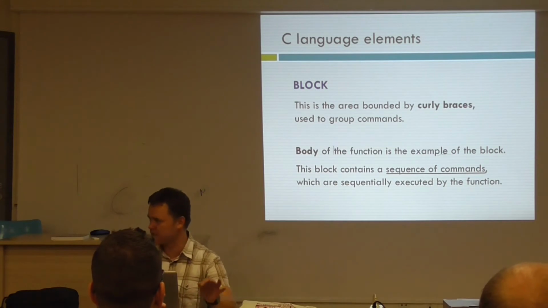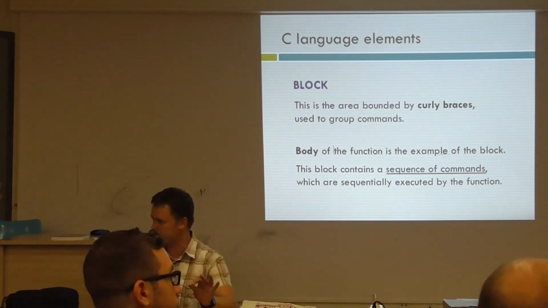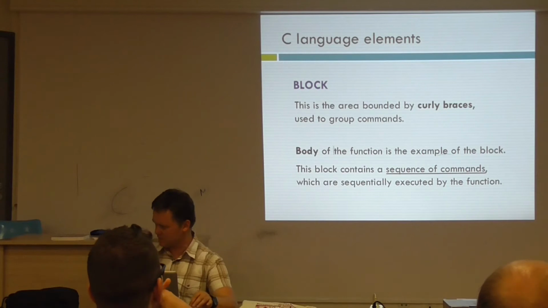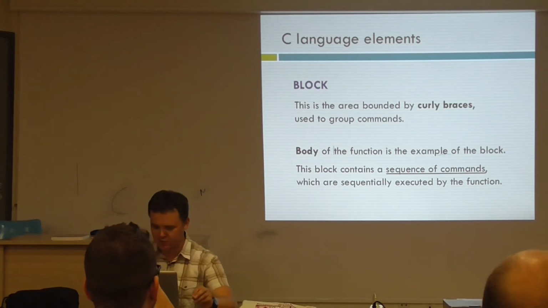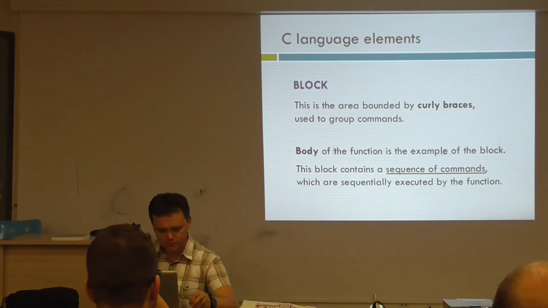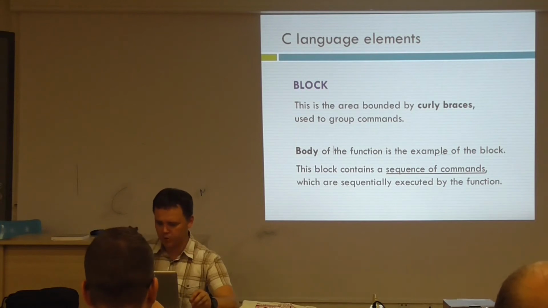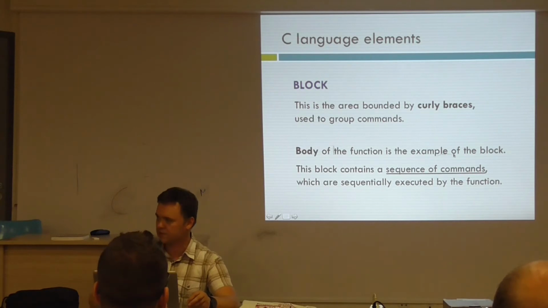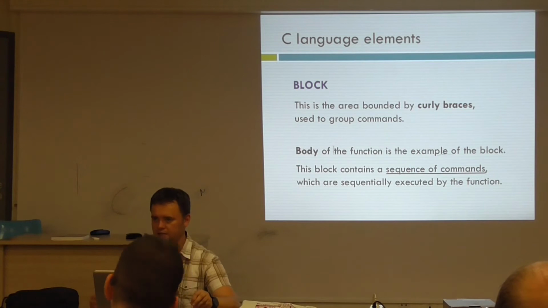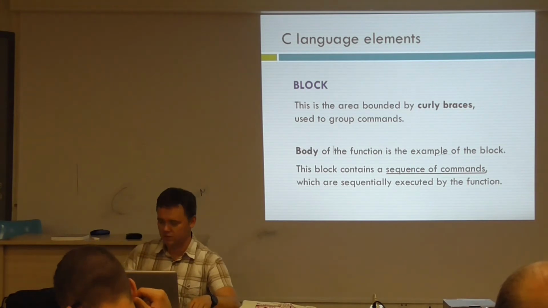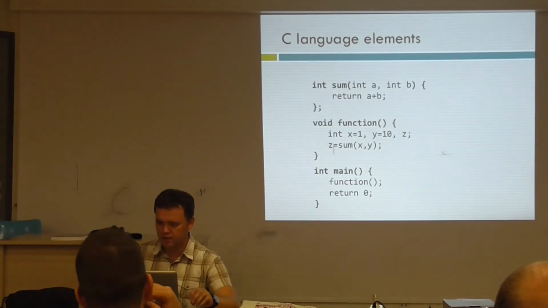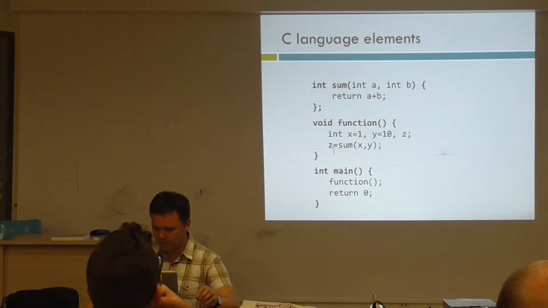Generally, Java, C, C++, Objective-C are the same, so you can see that this is one group of programming languages. The body of a function is an example of a block. Of course, the body of a class in C++ or in Java is also a block.